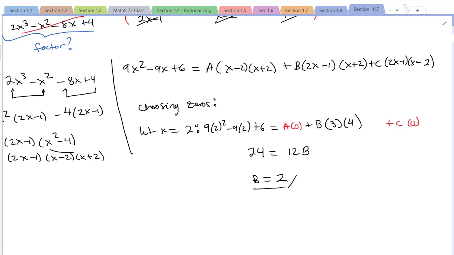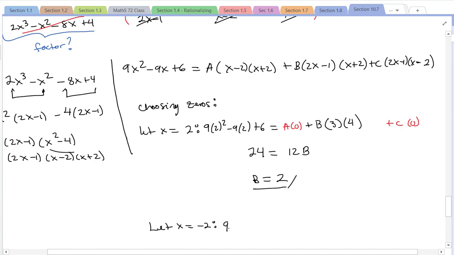Now choose another 0. So negative 2 makes x plus 2 zero. So let x be negative 2. So when x is negative 2, which ones are going to go away? The A is going to go away, and the B is going to go away because I have an x plus 2 there. But we still have to plug it into the left.